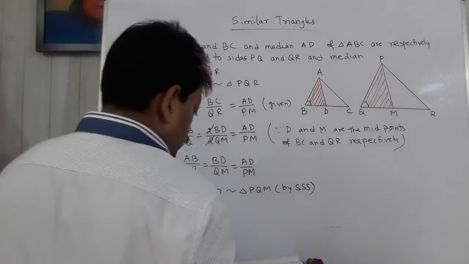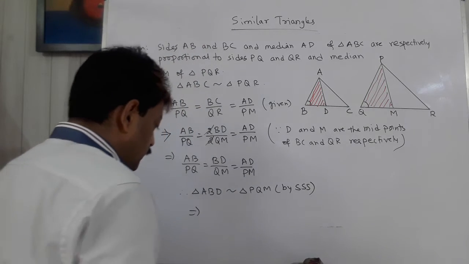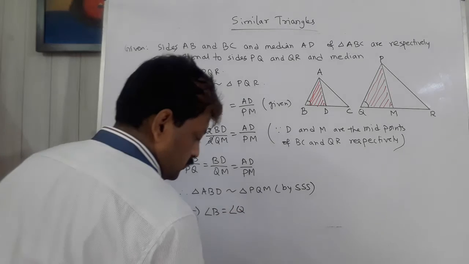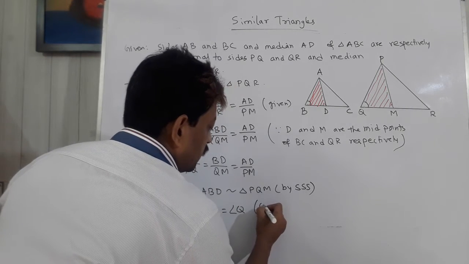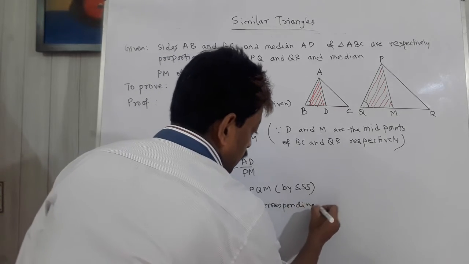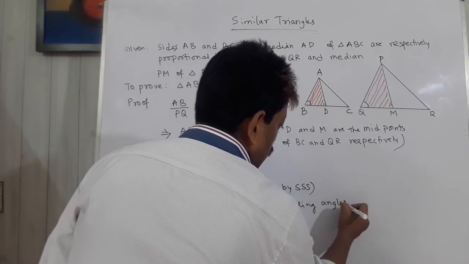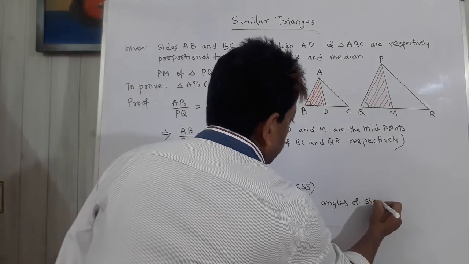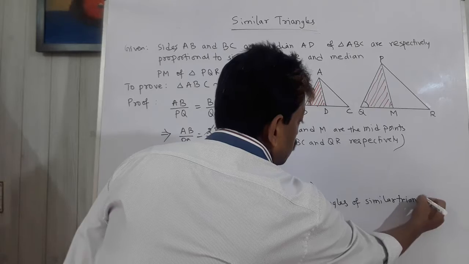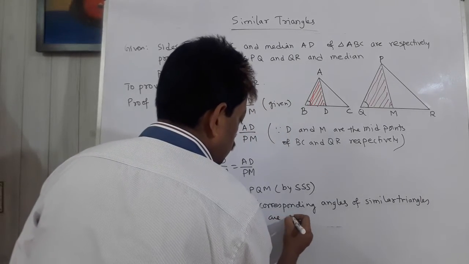So here we can write angle B is equal to angle Q, and the reason is corresponding angles of similar triangles are equal.